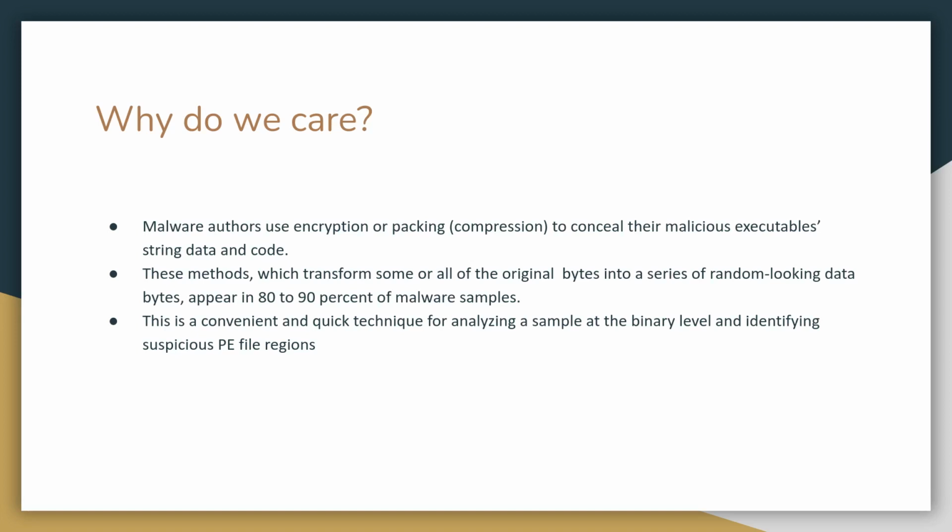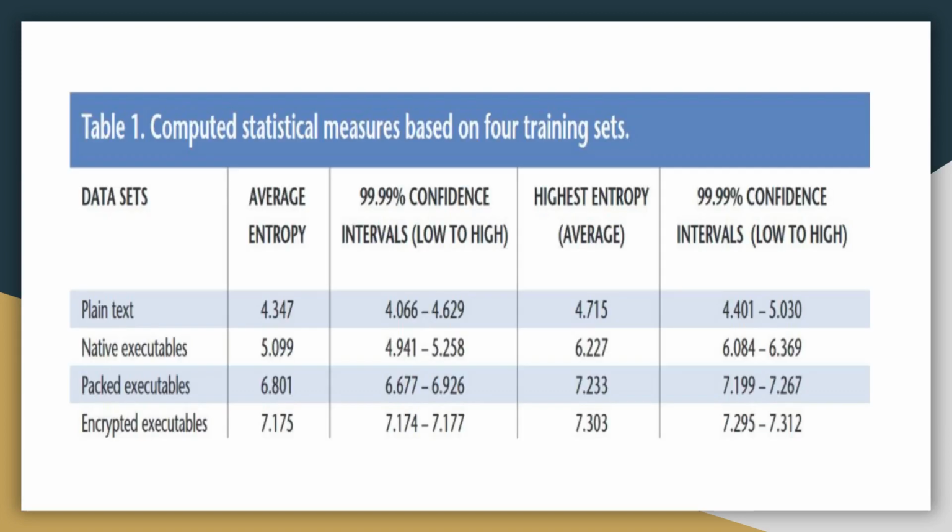This is a convenient and quick technique for analyzing a sample at the binary level and identifying suspicious PE file regions. And here are the average entropy values. 4.347 is the average for plain text, so if we get this, it's basically going to be plain text.